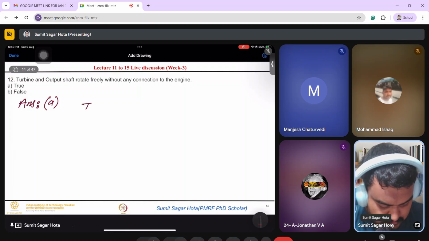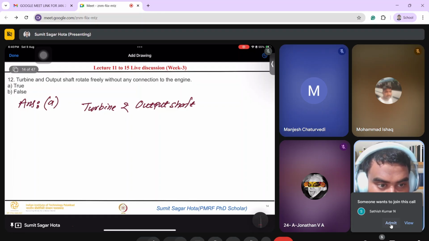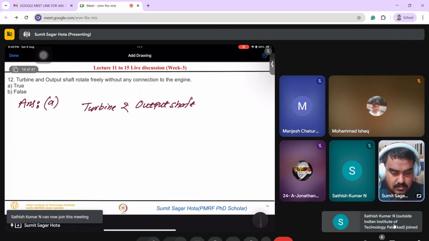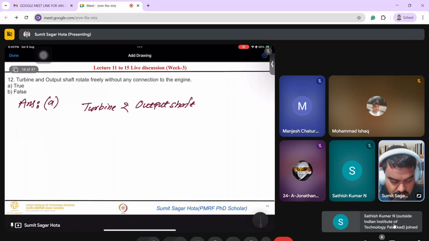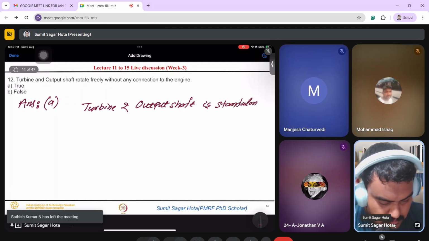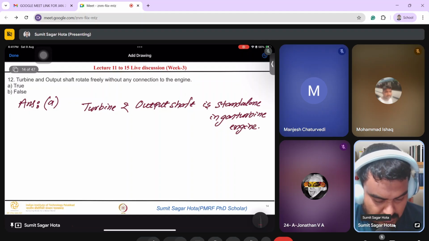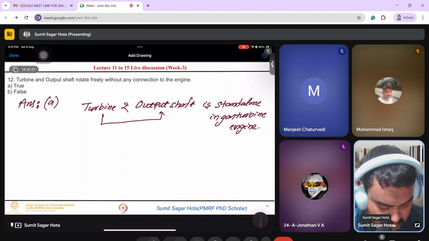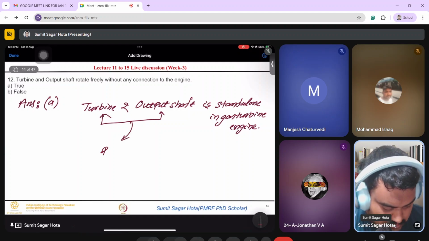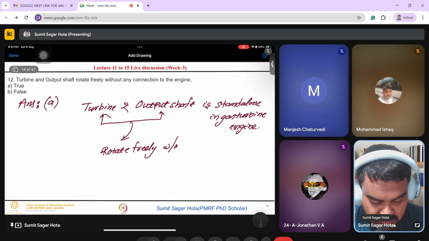The turbine and output shaft are standalone in a gas turbine engine, so it can rotate freely without any connection to the engine.